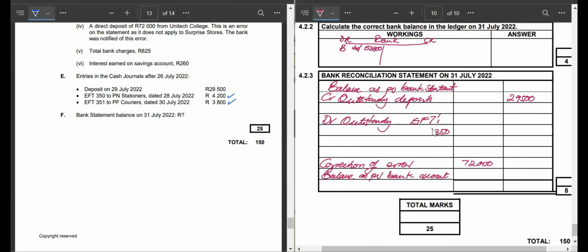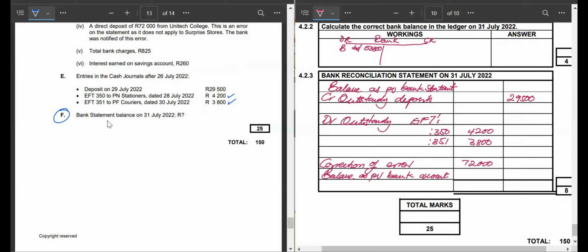I'm doing this here because on this page I had space to do so. It is for 4,200. And the next EFT is EFT number 351, for 3,800. So my question is now complete because I don't have any more information.